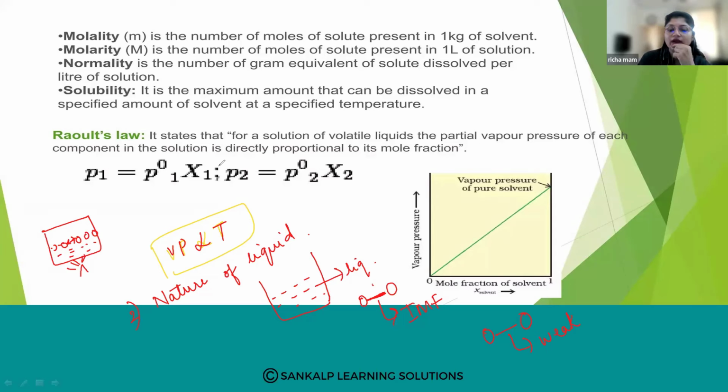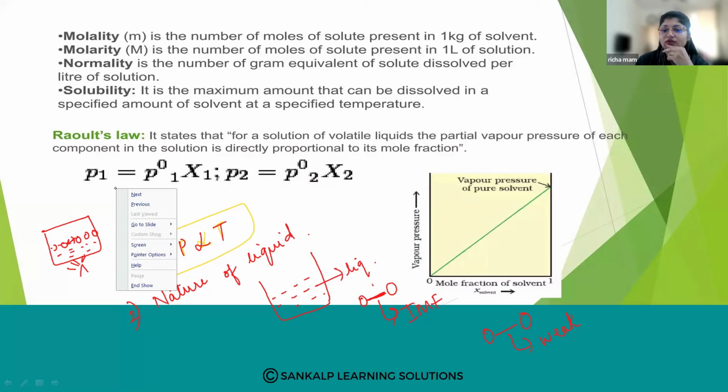As the forces between the molecules are weak, we can break them easily, and vapors can be formed easily. If vapors are formed easily, then the vapor pressure also will be more.